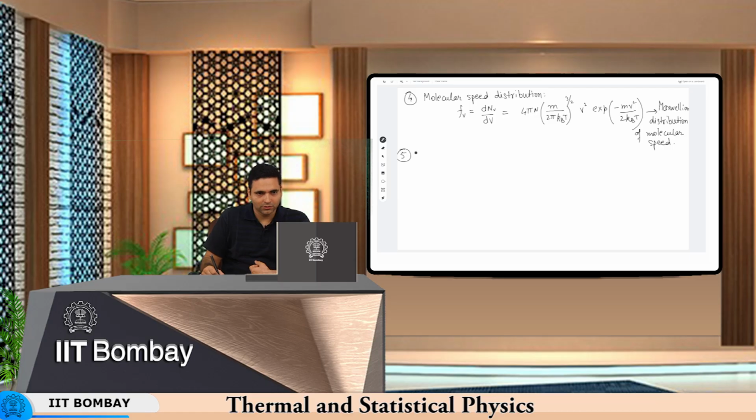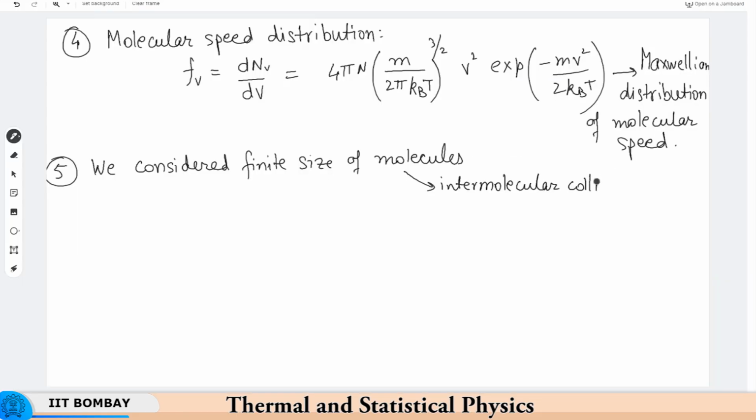So we considered finite size of molecules, which led to intermolecular collisions. And from there we defined the concept of mean free path.